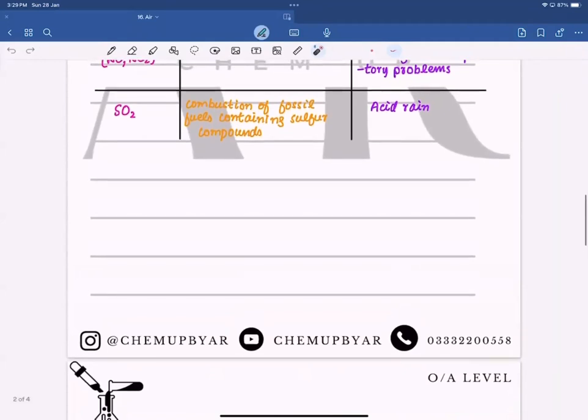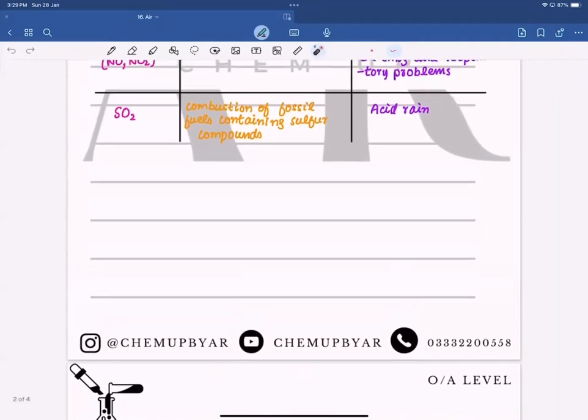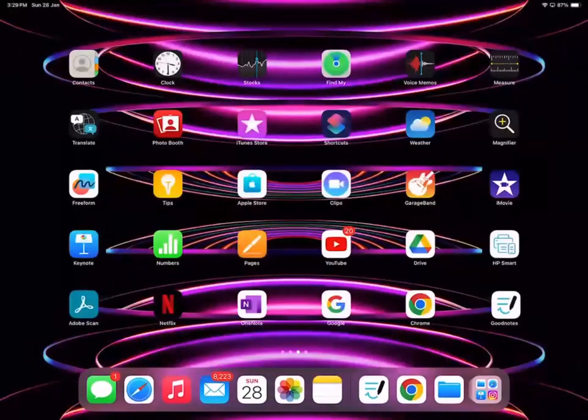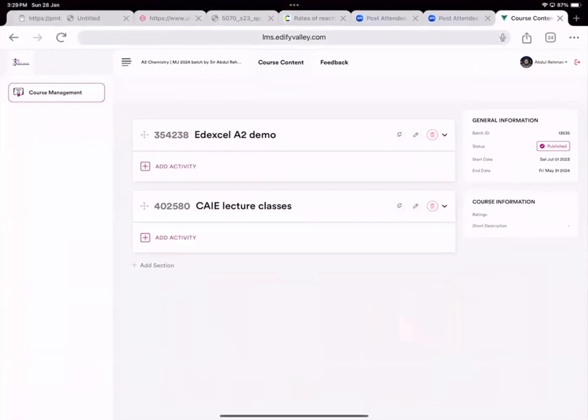Anyone? Ammar, what is a greenhouse? I don't know. Yes, Aisha, Usman Ghani, and Khatija. Sir, I think the temperature is maintained there. Yeah, where the temperature is maintained. Good.